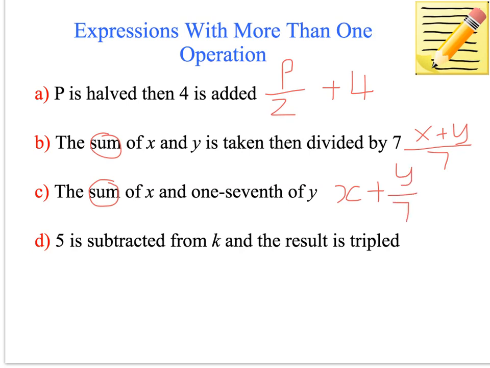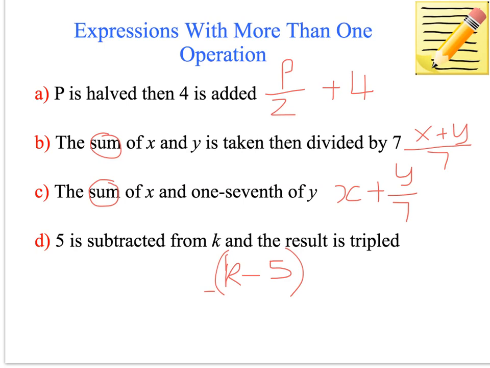Okay, and D is 5 is subtracted from K, and then the result is tripled. So we do this first bit, so K minus 5, and the result of that is tripled. So we have to actually put that in brackets because we want to do that first.